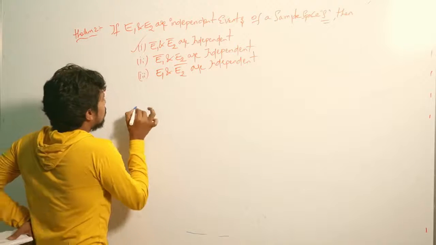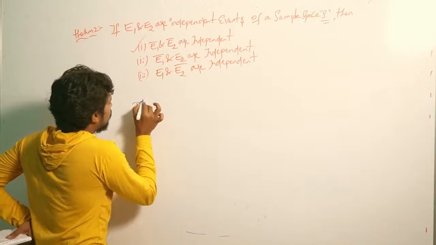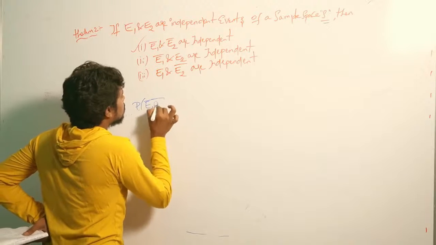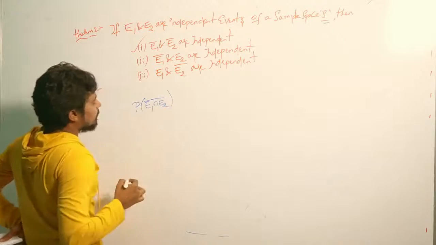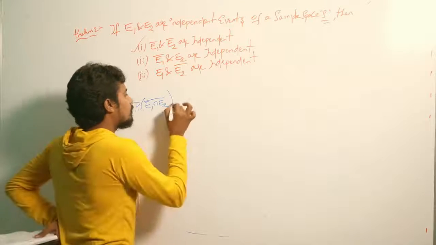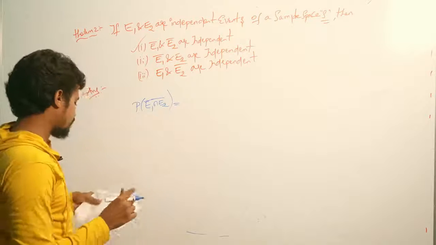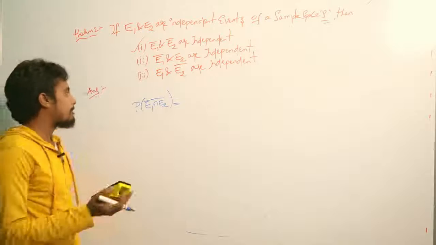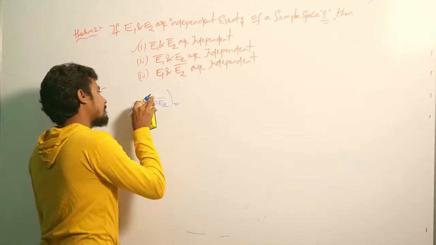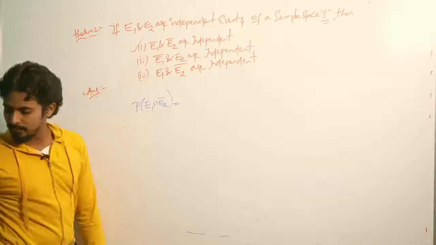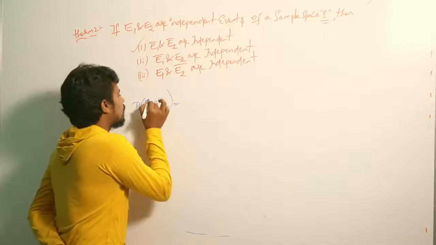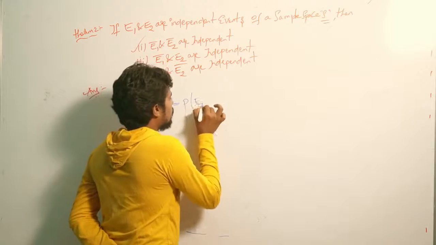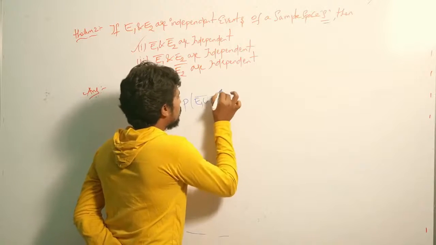Here, P of E1 bar intersection E2 bar will be the P of E1 union E2 bar.